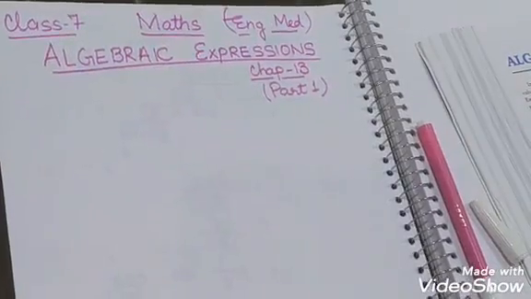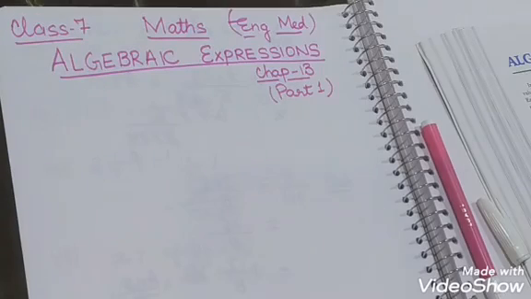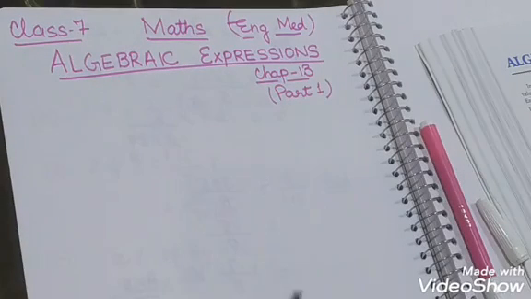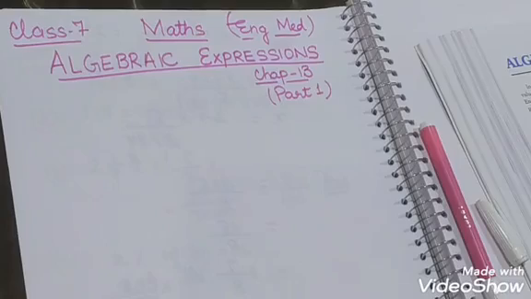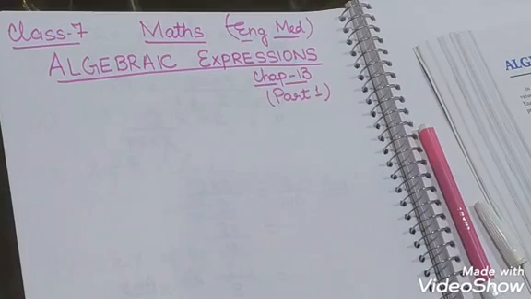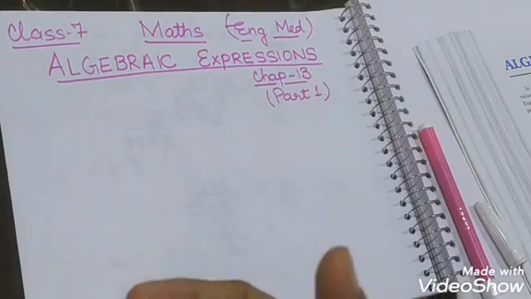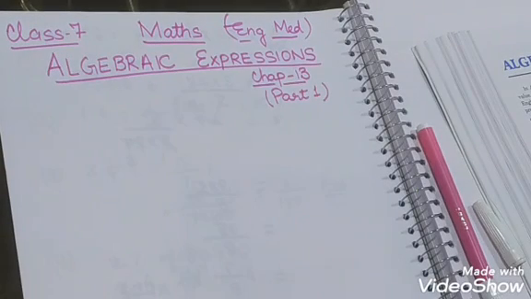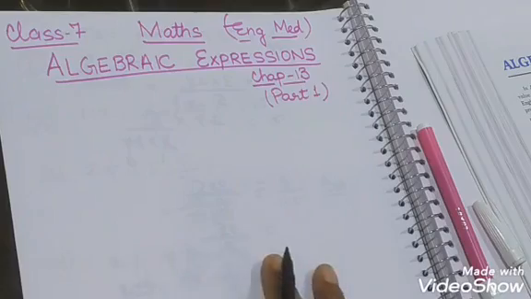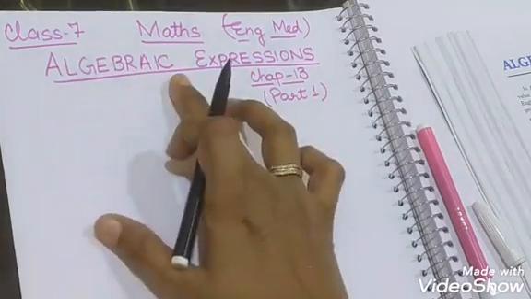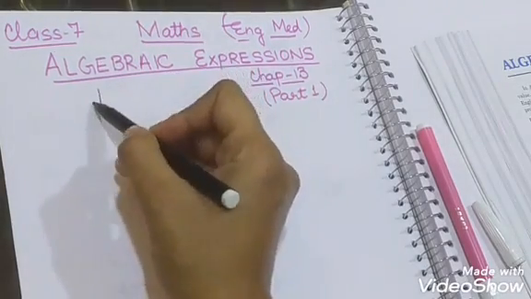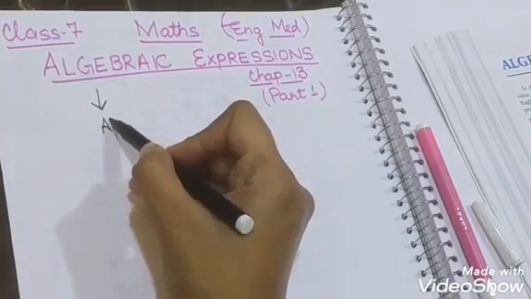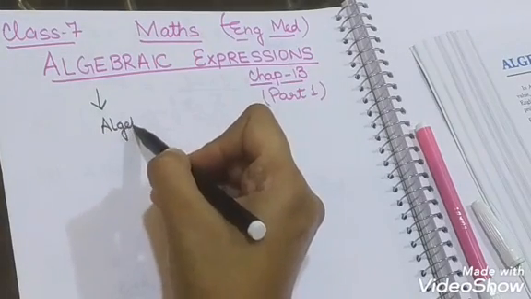Yes class, so we are going to start a new chapter from today, that is chapter 13, algebraic expressions. Before starting the chapter and solving the exercise, first we will understand what an algebraic expression is. The term algebraic comes from the term algebra.